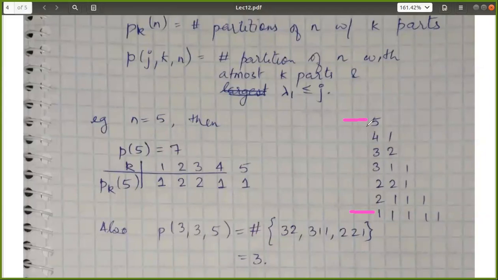Okay. Now, another interesting thing, or maybe all this was quite trivial. If I ask you, what is P(2,n)? How many partitions of n are there with exactly 2 parts? So at least in this case, where are these examples?